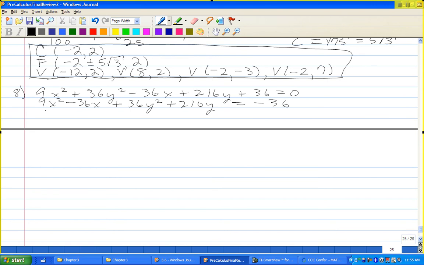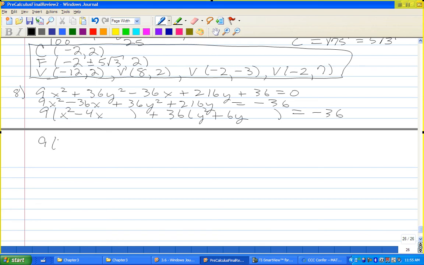So first I group all the x's and y's together. Now let's factor out a 9. So it's x squared minus 4x. Factor out a 36. It's y squared plus 6y equals negative 36.